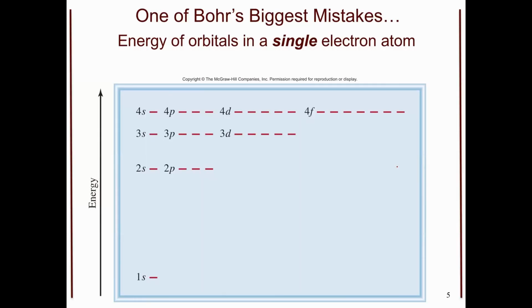So one of the things that we discussed back in a previous video was Bohr's mistakes when it comes to electrons. The reason why we come back and talk about this is that if we start to fill in our orbitals based off of our electrons, we would see that after our 2s orbital, if Bohr was correct, we would have to go and fill in the 2p next because they are of equal energy.